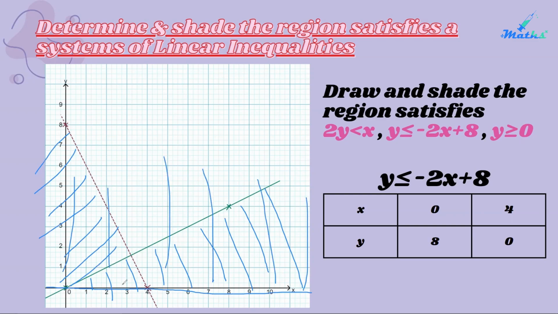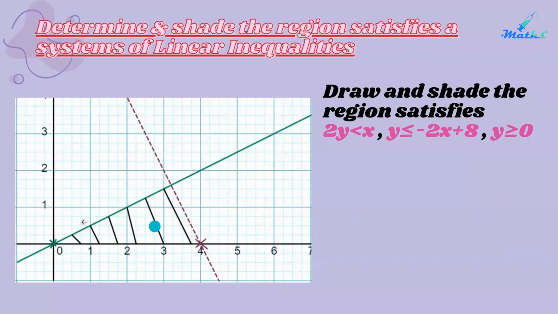And we need to find the region that satisfies all of these three linear inequalities. So the area should be here. Okay, so the answer should be here, so you need to shade here. Okay, so here is the answer.